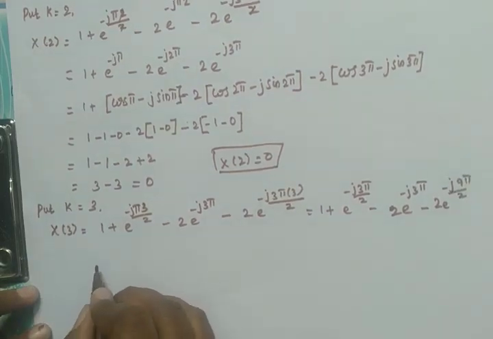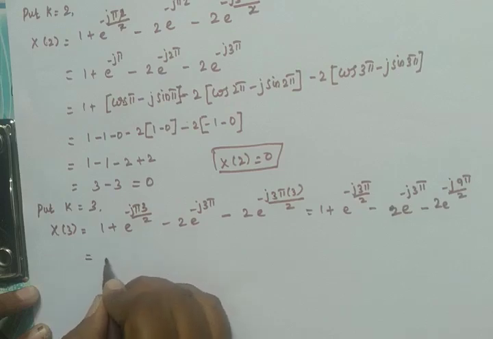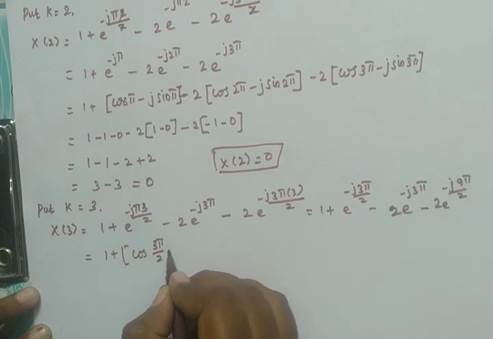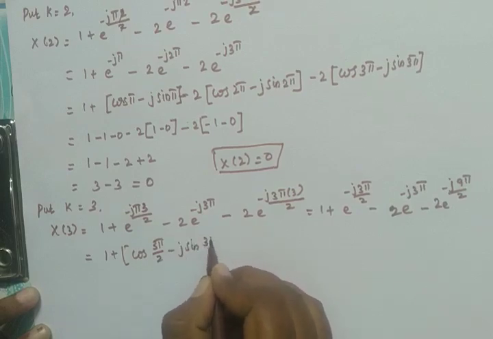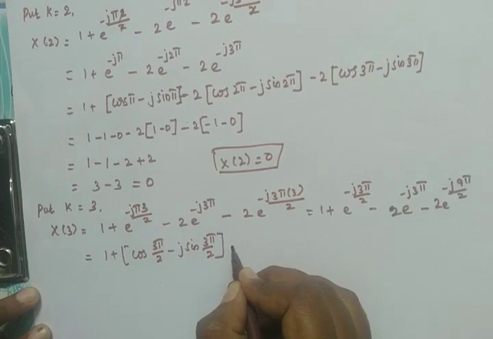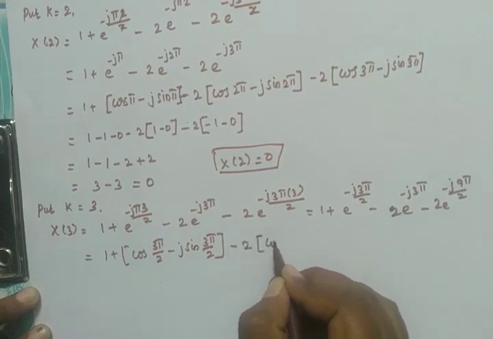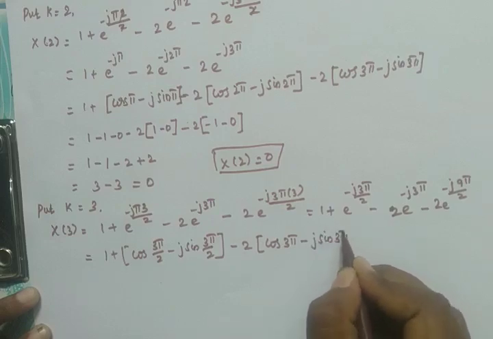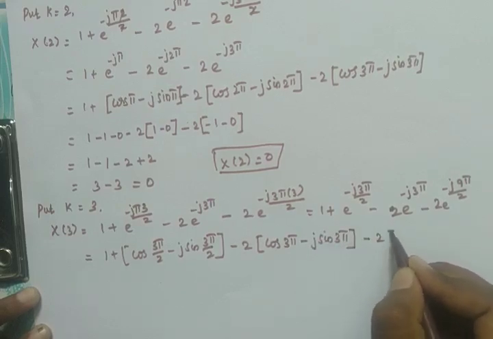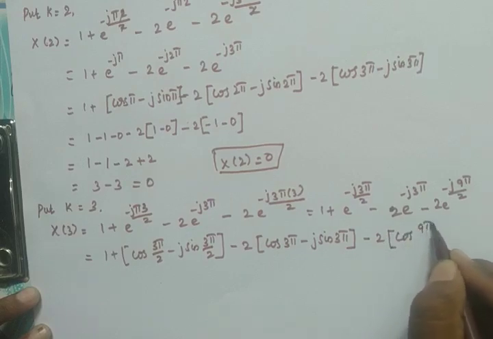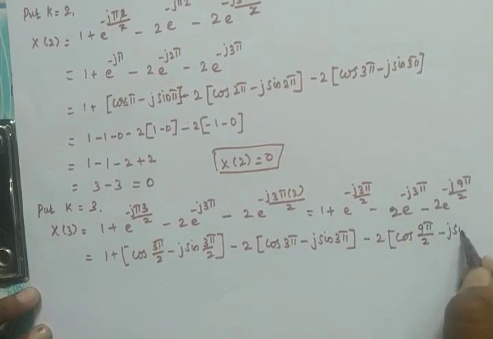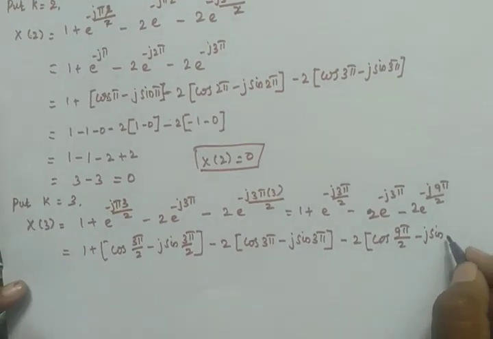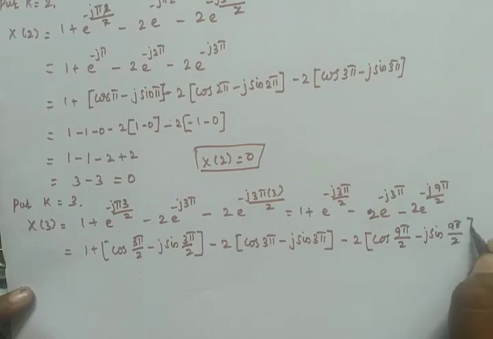Therefore, we can write this as 1 plus cos 3 pi by 2 minus j sin 3 pi by 2 minus 2 cos 3 pi minus j sin 3 pi minus 2 cos 9 pi by 2 minus j sin 9 pi by 2.